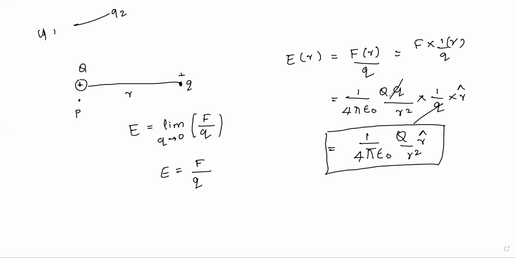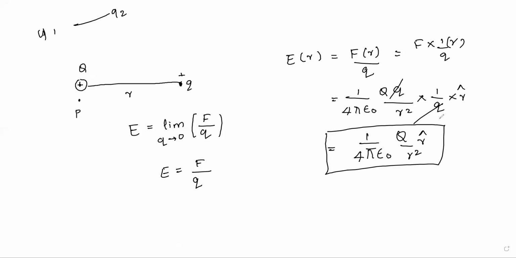So we wrote Q and q, and the distance is r square and r hat. And this 1 by q is as it is, because we have it in this expression. In the next step, the q and q get cancelled. So what is remaining? 1 by 4 pi epsilon naught Q by r square into r hat. This is the expression for electric field.